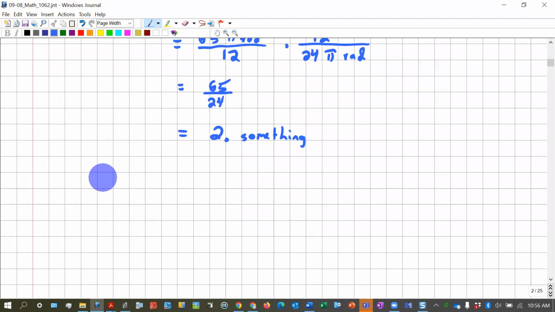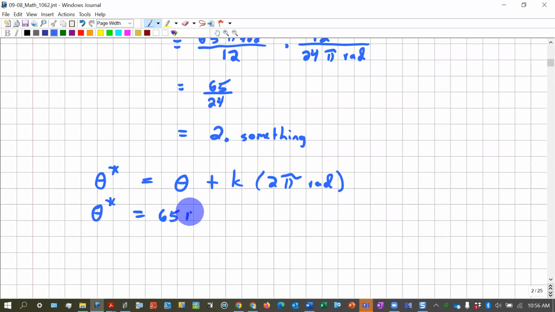So to figure out the angle we're looking for, we're going to need to take the angle that we started with and essentially subtract 2 groups of 24 pi over 12 radians.